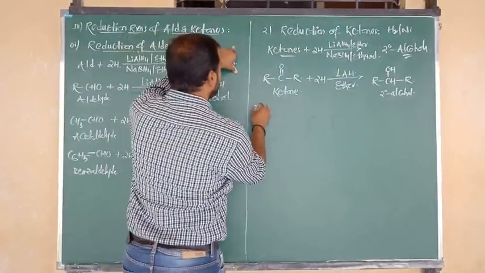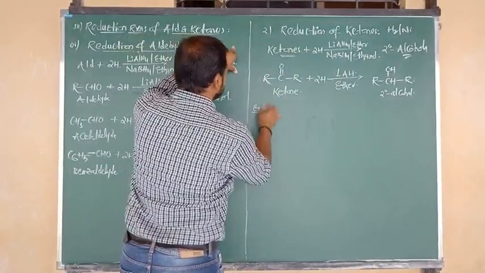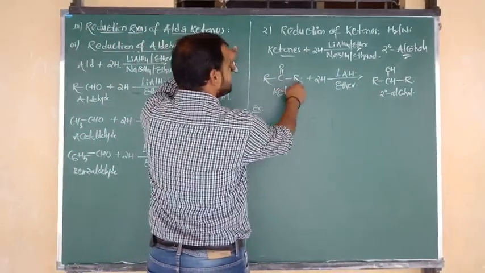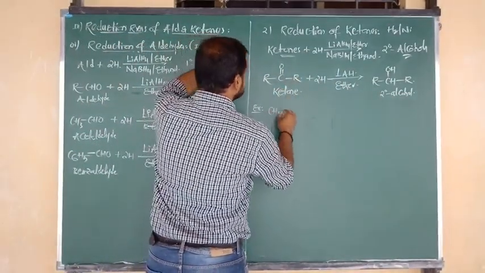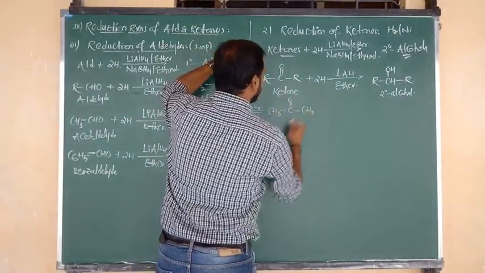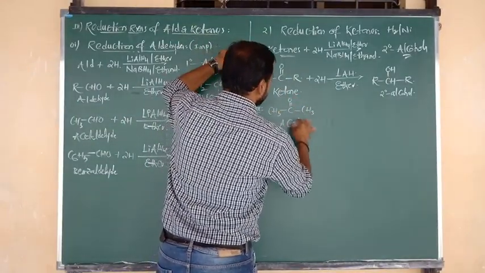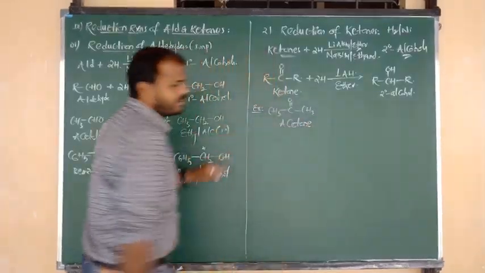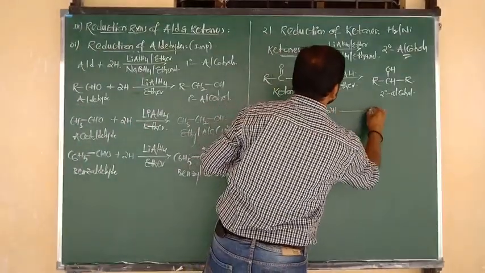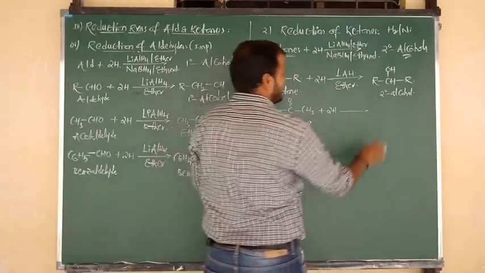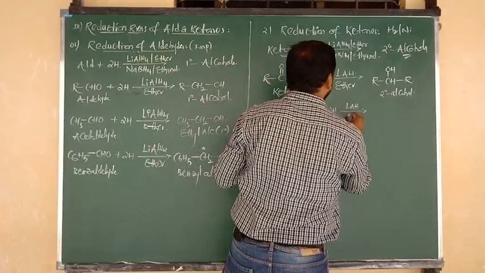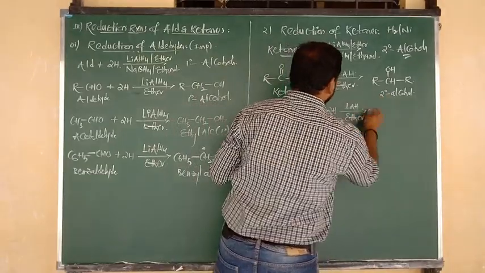Now I am going to show you the examples. One example: in the place of R, I am going to replace CH3. So CH3 bonded to C double bond O bonded to CH3. What is the name of this compound? Acetone. Upon reduction, means addition of hydrogen, in presence of lithium aluminium hydride in presence of ether.